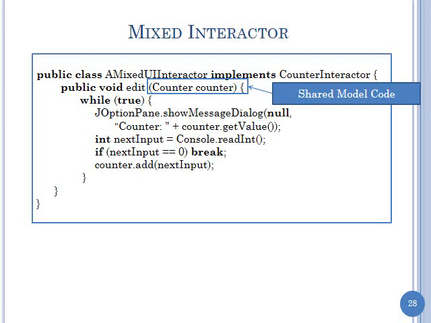Okay? So can we just quickly go through and say which do you think would be output and which is input? So this particular show message dialog, you would consider that to be output. Read int, input, right? What about counter.add next input? Or even next input equals 0.